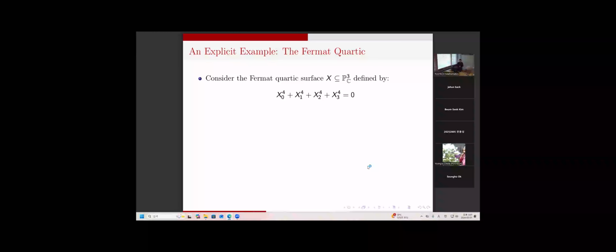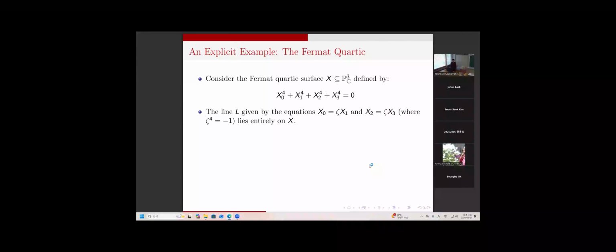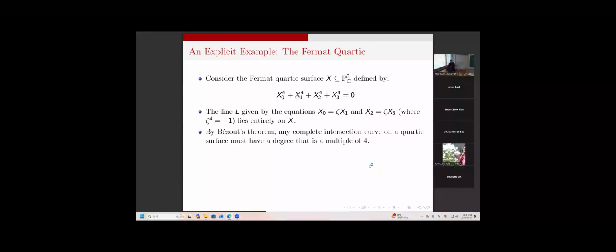All right. So here's a concrete example for an exception. Say you take the Fermat quartic in P3, and then consider the line given by the equations written out there, using a 4th root of -1. Then this line completely lies on X. But we know that by Bézout's theorem, any complete intersection curve on a quartic surface will have to have a degree being a multiple of 4, because your original surface has degree 4.